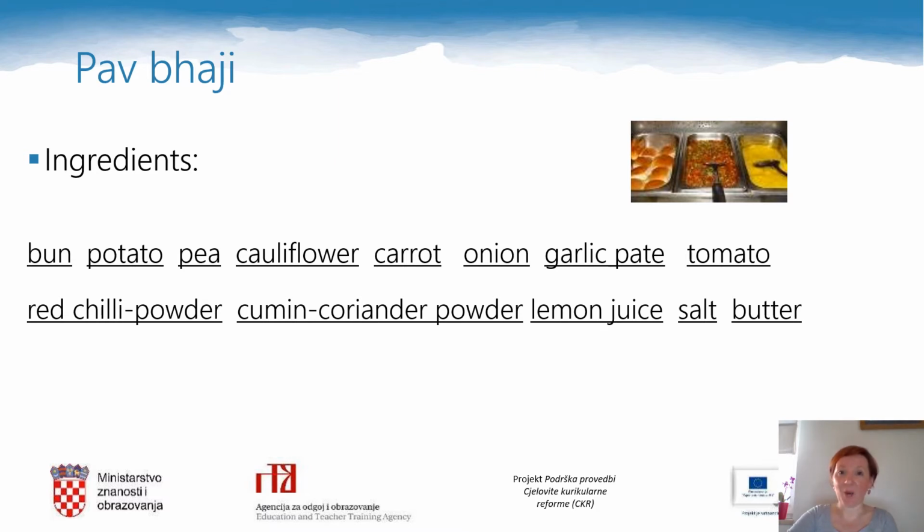Bun, potato, pea, cauliflower, carrot, onion, garlic paste, tomato, red chili powder, cumin coriander powder, lemon juice, salt, and butter. There are a few more ingredients for this dish, but we will talk about that later in the lesson.